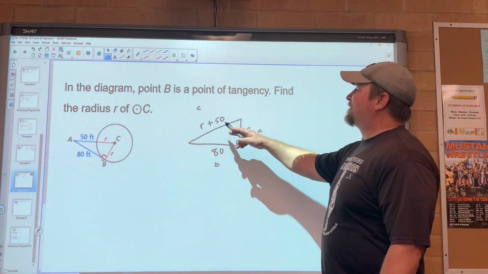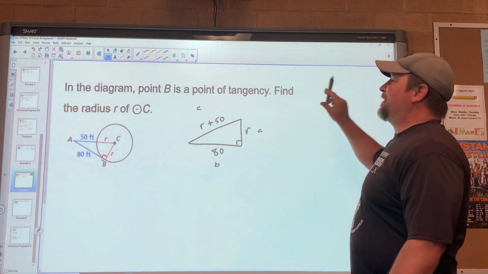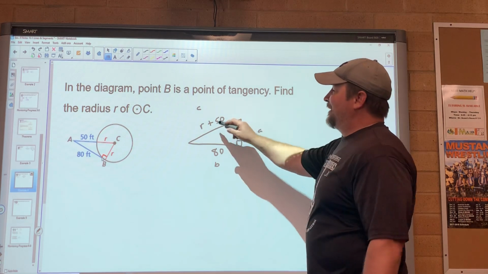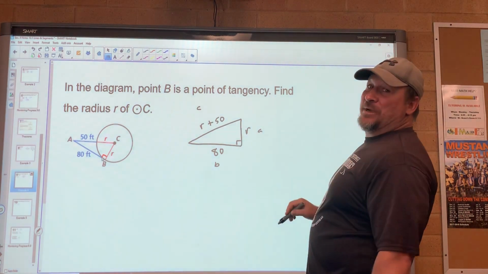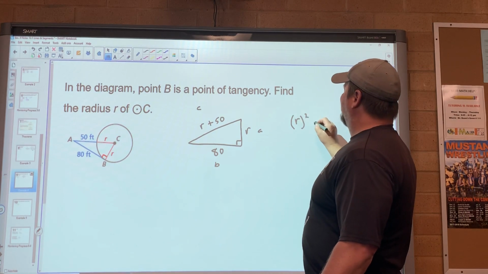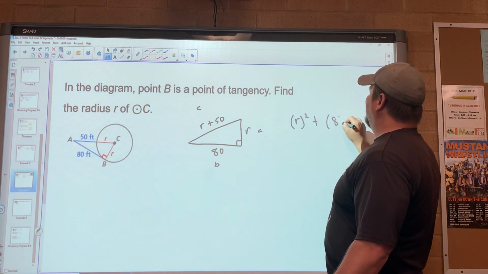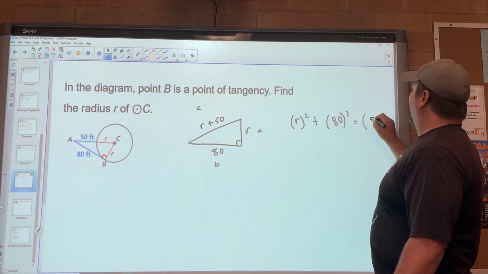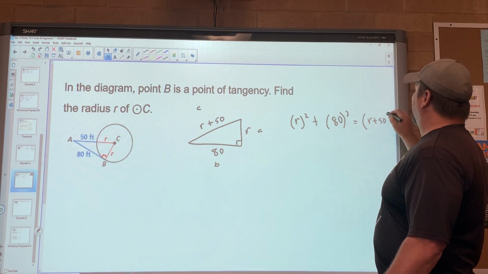The hypotenuse always has to be away from the two A and B sides. And I just put that side on the wrong side of the equation. So I'm gonna reset it up. R squared plus 80 squared, that's where I messed up, equals R plus 50 squared.